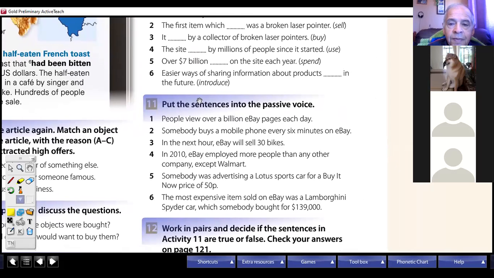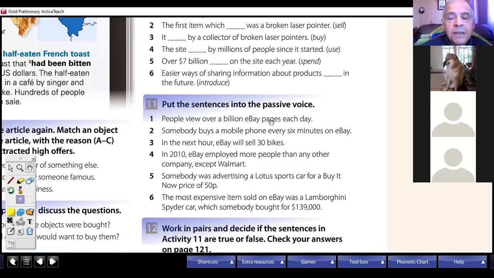I would say more than that. Over a billion eBay pages would be the subject. In what tense is view? Present simple. So it would be over a billion eBay pages.